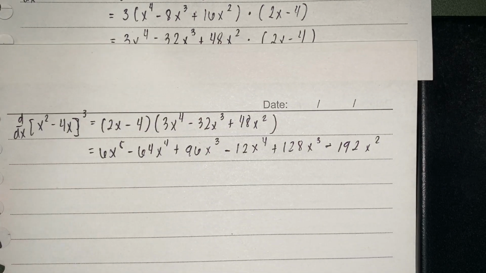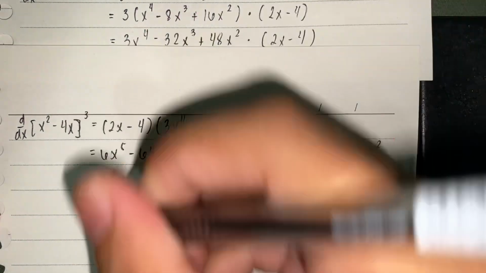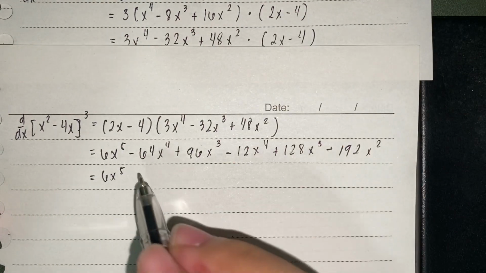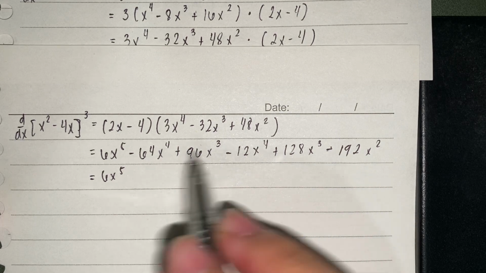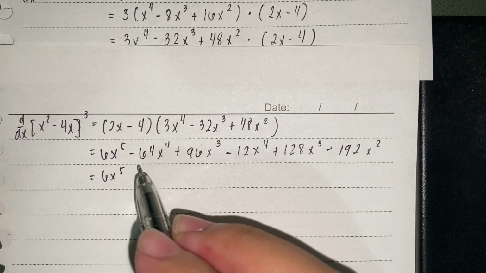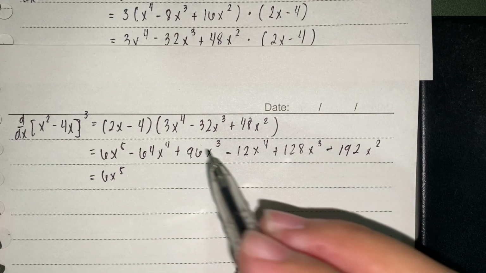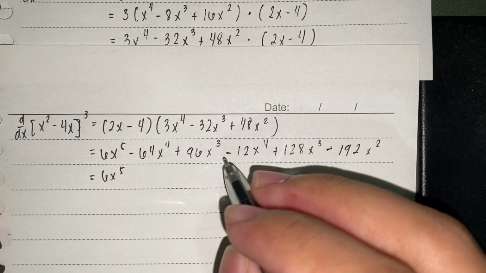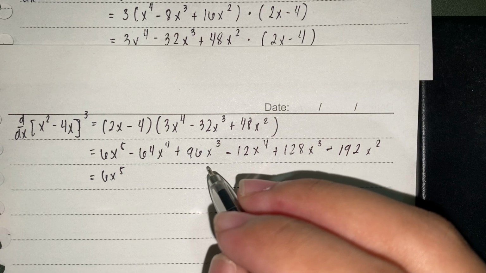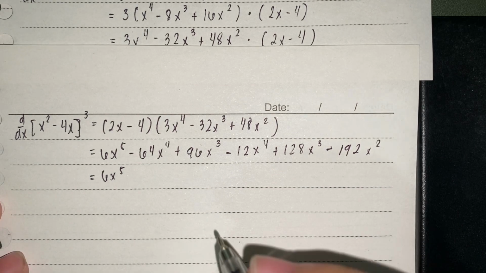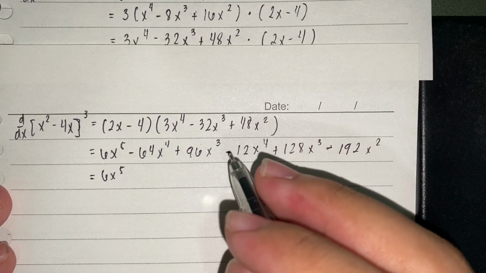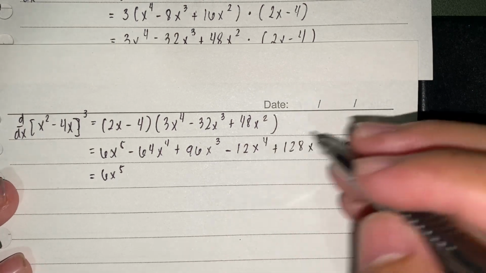So now let's combine like terms. 6x raised to 5, none. So let's copy. Negative 64 and this have the same exponent, so negative 64x raised to 4 minus 12x raised to 4. The rule is keep, change, so keep this one, change these two, so that is plus, that's minus.